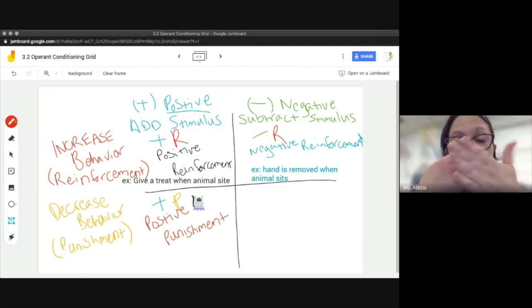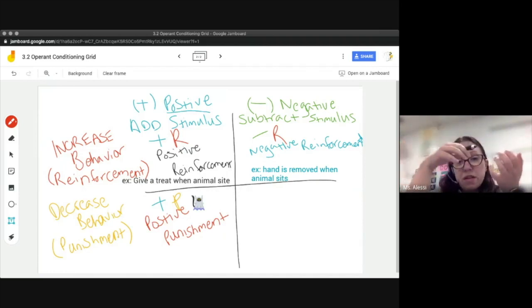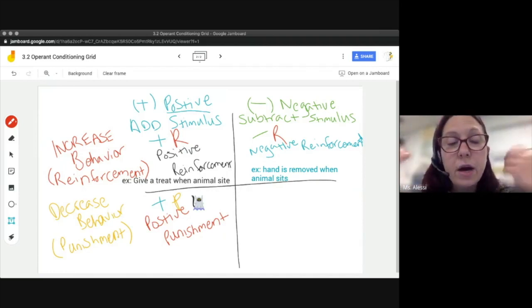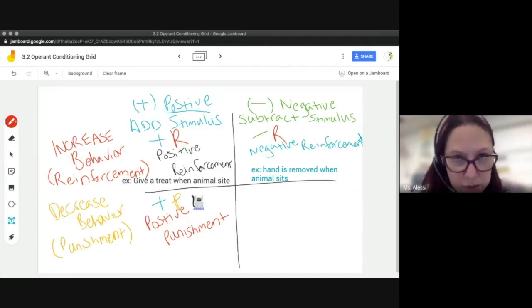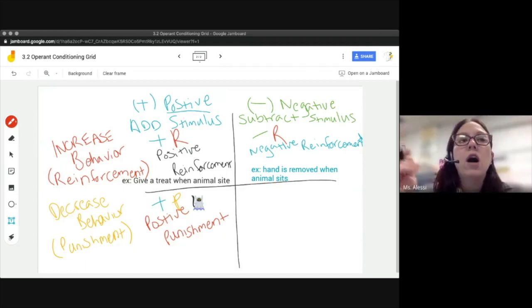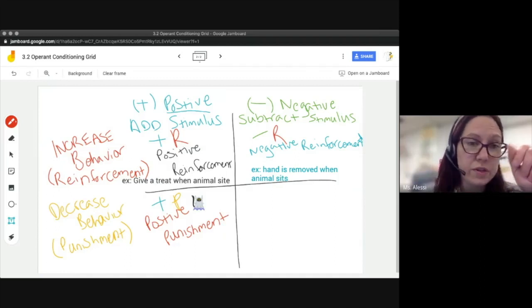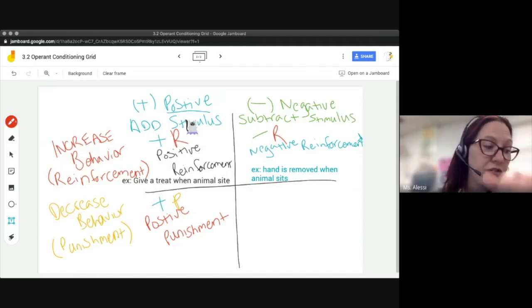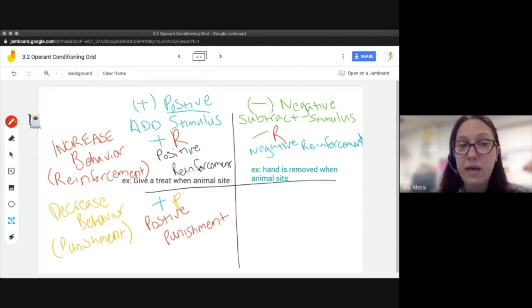I'm adding a stimulus of that physical brutality to try to punish a behavior, but that doesn't always work, and that really won't work. We'll talk about why a little bit more as we go through these notes. But positive punishment is when we're going to add something to make a behavior stop.